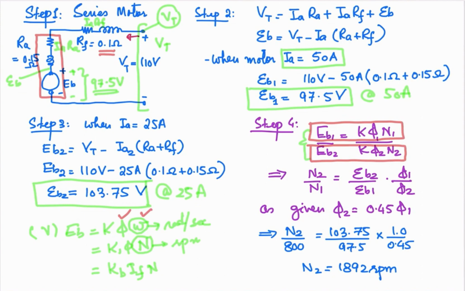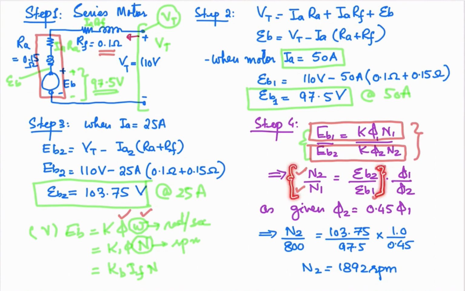So N2 over N1 will be equal to the back EMF 2 divided by the back EMF 1. Whatever the change in the back EMF, the same change appears in the speed, from the condition when your machine was at one particular torque taking 50 ampere from the source, and now it is reduced to 25 ampere. So the back EMF changed, and your speed is going to change in the same ratio.